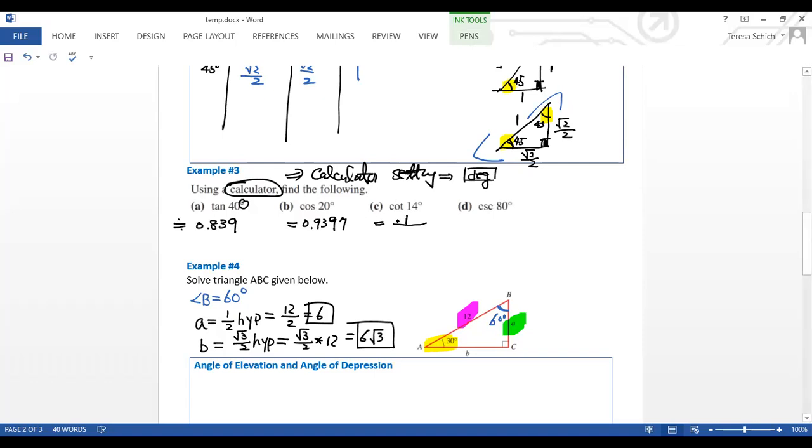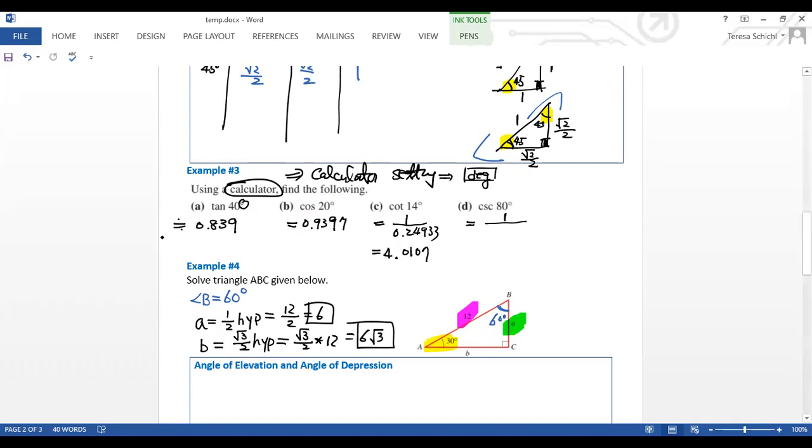You will get tangent 14 is 0.2493. Then you take the reciprocal of that, and the answer is 4.0107. The cosecant is the same. Most calculators do not have a cosecant, but the cosecant is the reciprocal of sine.